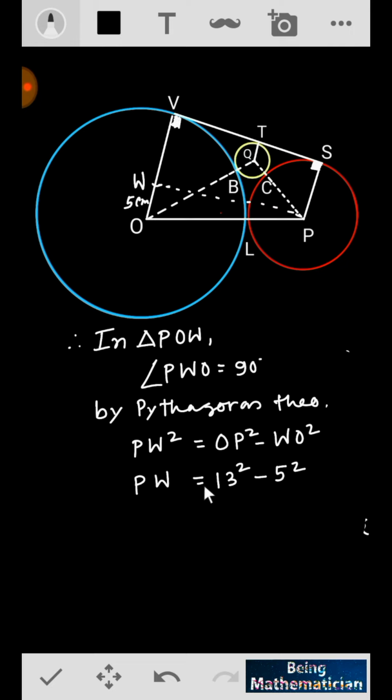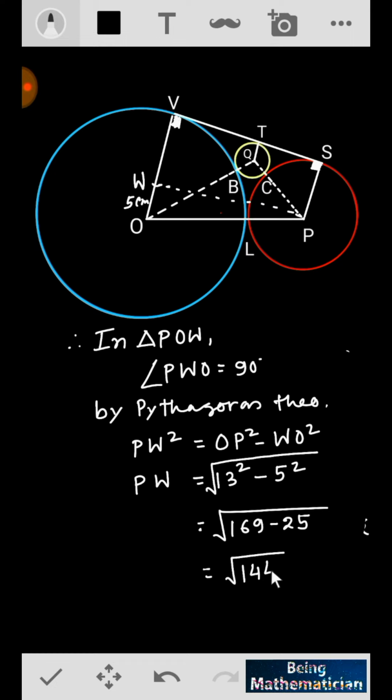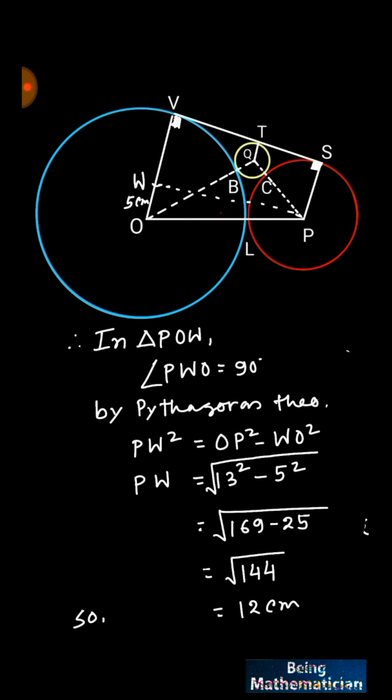So PW is root over 13 square minus 5 square, and it will be 169 minus 25. So it must be 144, and it is 12 centimeter. So we know that PW is equal to the tangent BS, so it is 12 centimeter.